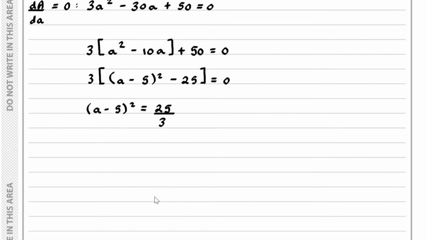What we can therefore conclude, if we square root and add 5 to both sides, is a equals 5 plus or minus 5 over the square root of 3.